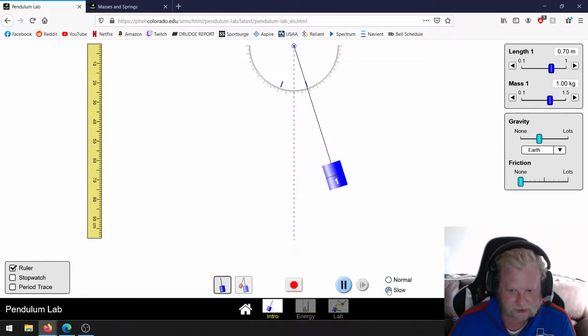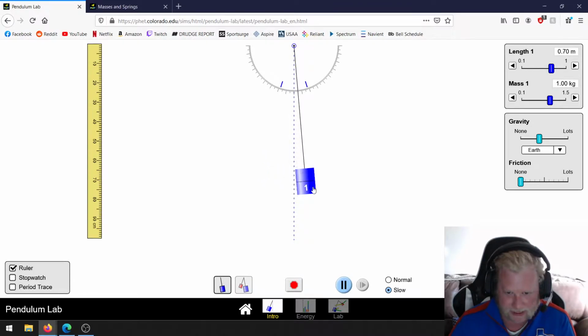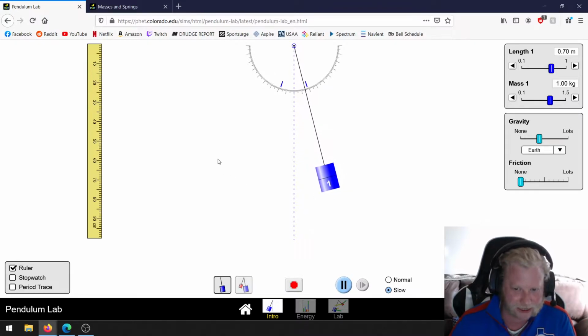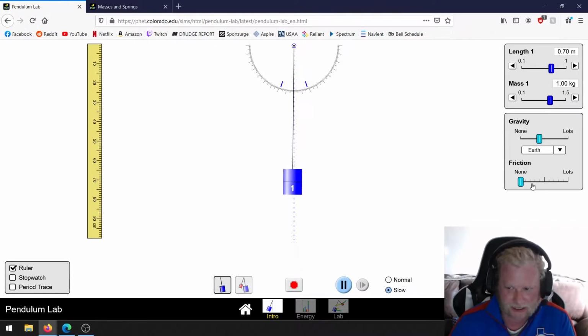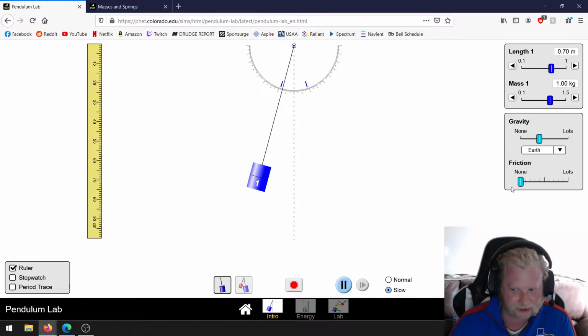So, if we slow this down, gravity's pulling it down towards equilibrium. Its inertia moves it past it, and gravity pulls it back down towards equilibrium. But again, the object has inertia, moves past it, and you get that repetitive cycle. And again, notice there's no friction on, so there is no loss of energy.